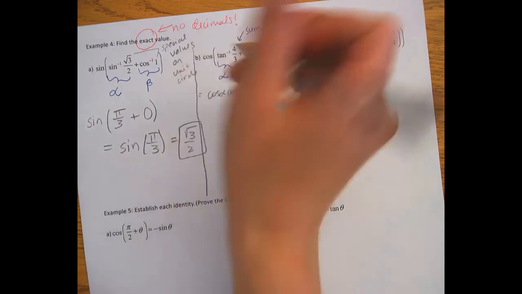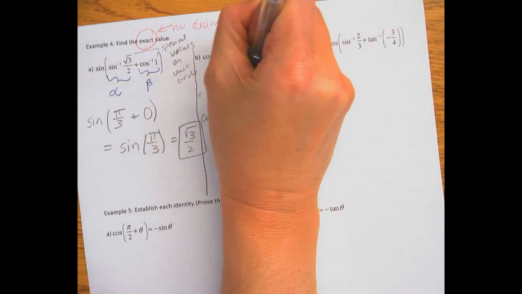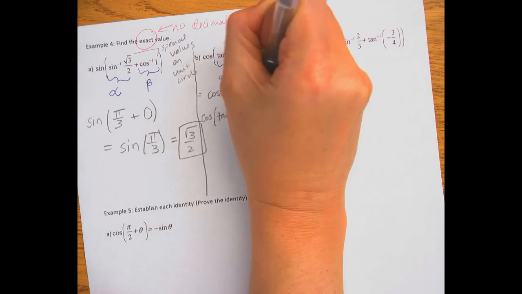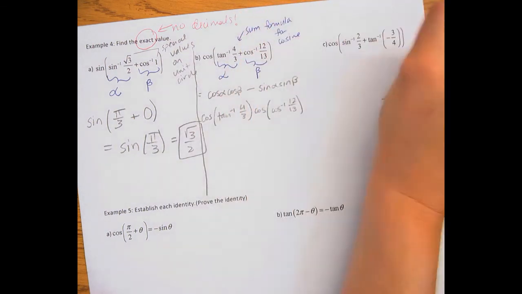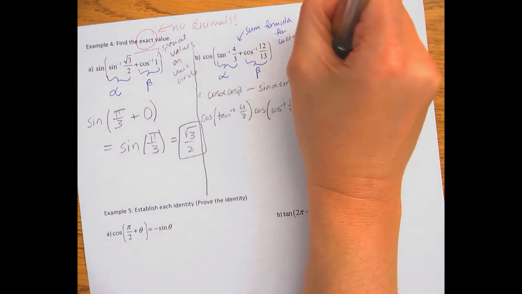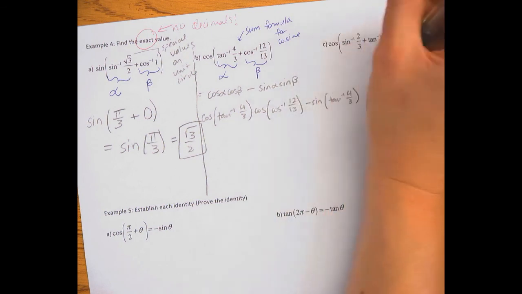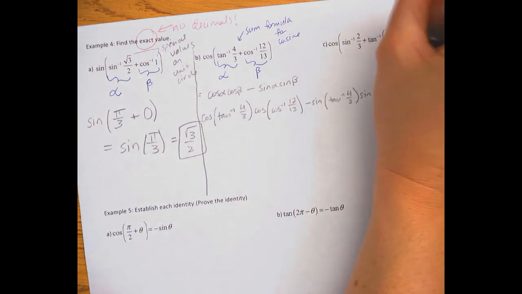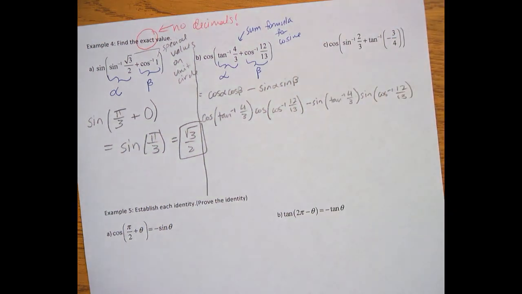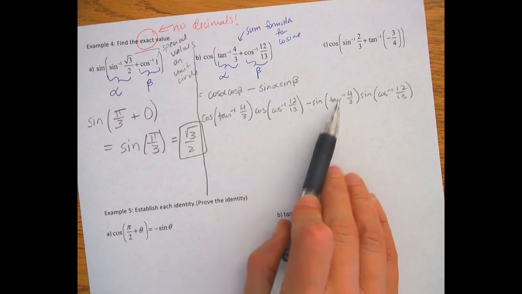Okay, so I have cosine of inverse tan of 4/3 times the cosine of cosine inverse of 12/13 minus sine of tan inverse of 4/3 times sine of cosine inverse of 12/13.